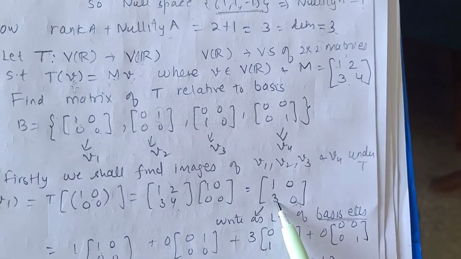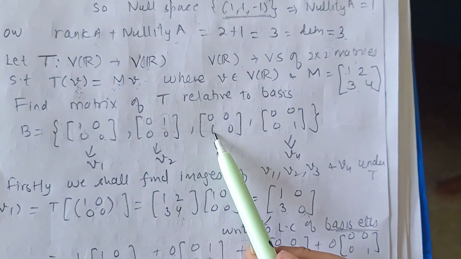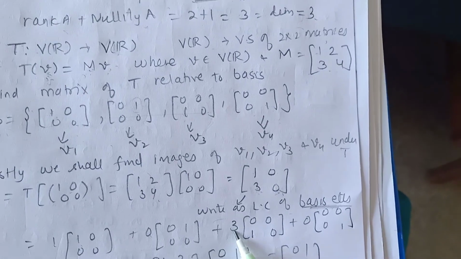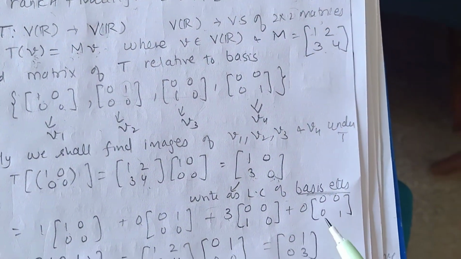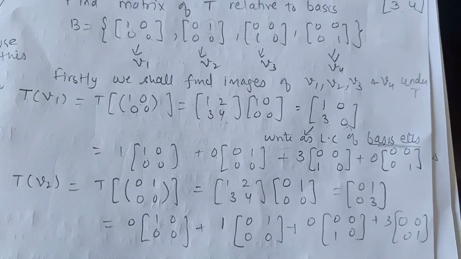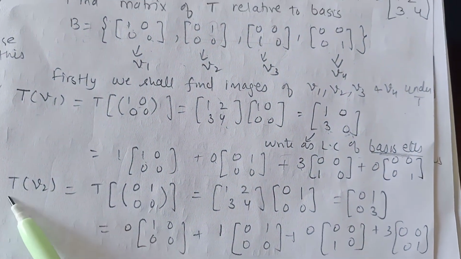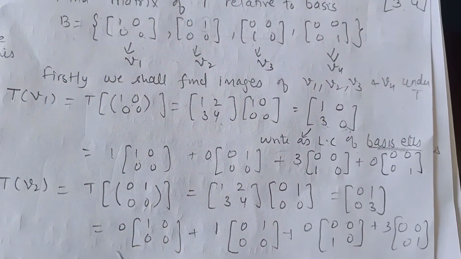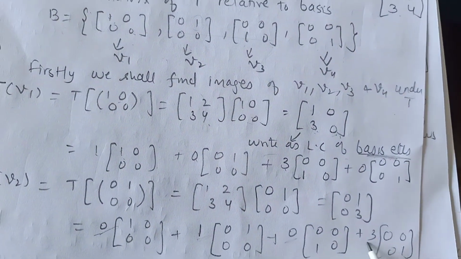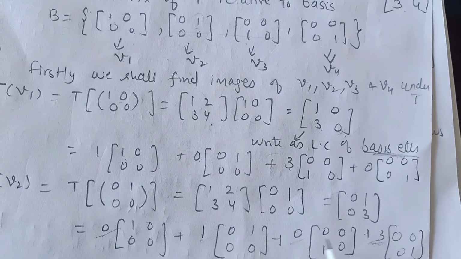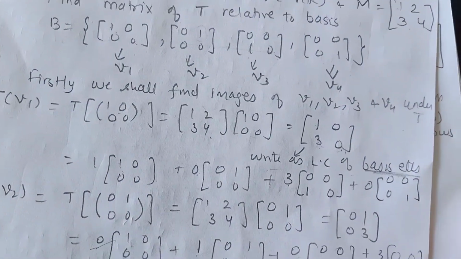Here I need 3, so when I multiply by this, I will need 3 here, and again I will need 0 here, so 0 here. Similarly, you will find the image of V2 under this linear transformation T and obtain these coefficients as your coefficients of the basis elements when you write it as a linear combination.